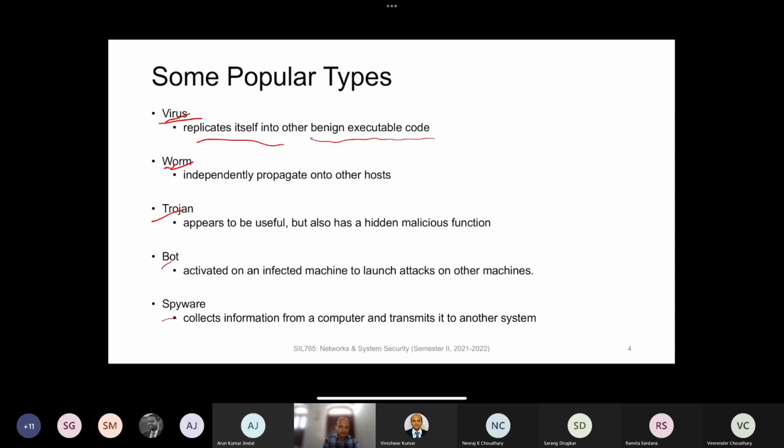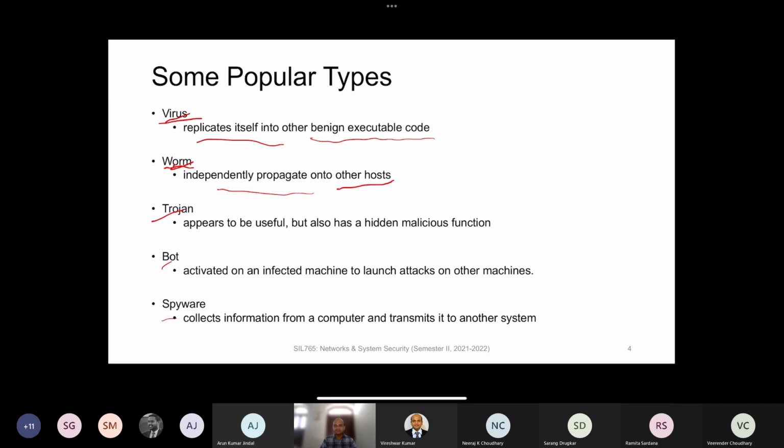Now let's talk about the worm, the second type of malware. When we talk about a worm, we are thinking about a network. You are not just thinking about one platform, one hardware device, or one system. There could be a variety of hosts connected to the network, and this worm could propagate through all these different hosts.